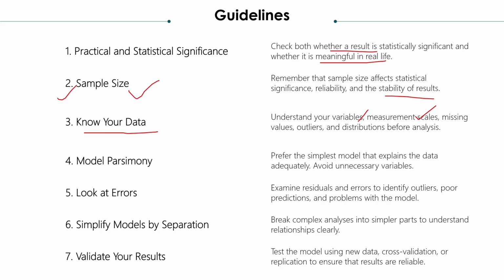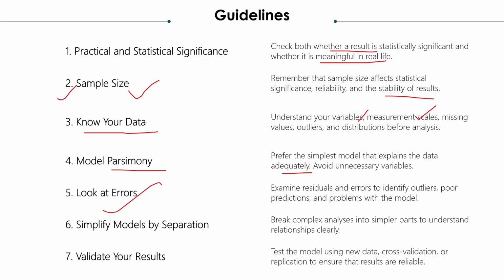The fourth one is model parsimony. Here you prefer the simplest model that explains the data adequately. Avoid unnecessary variables. Also, we need not build any complex relationships among the variables. Preferably, we choose a very simple model. The fifth one is errors.